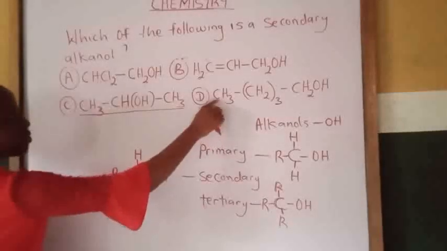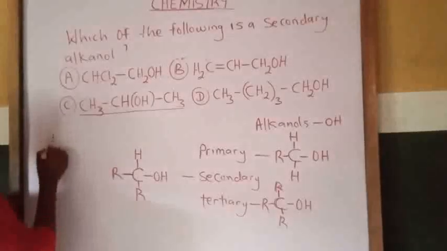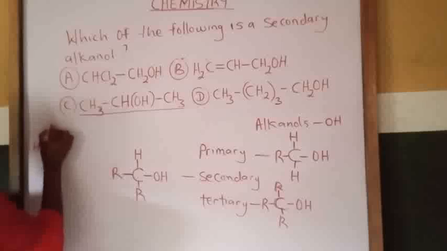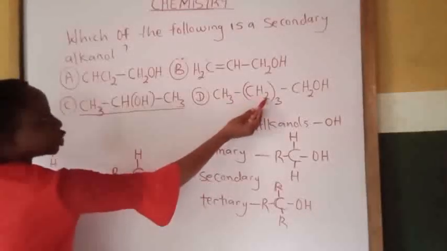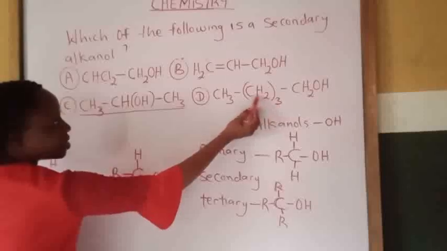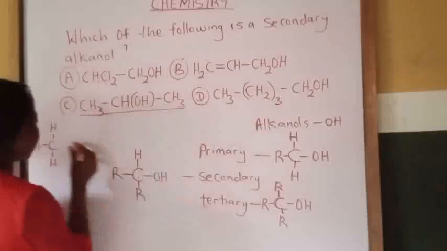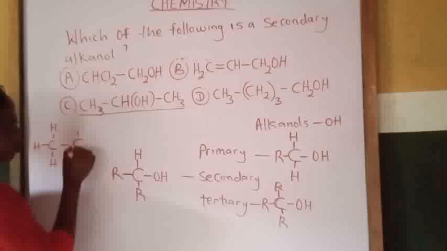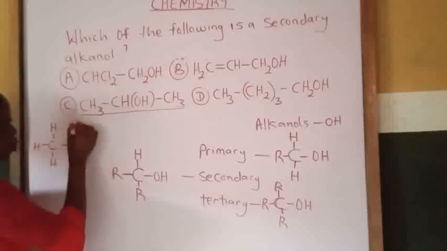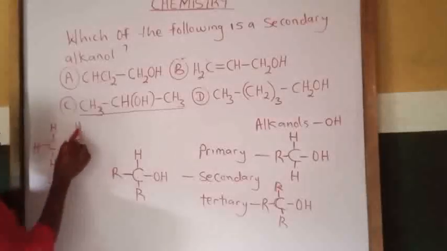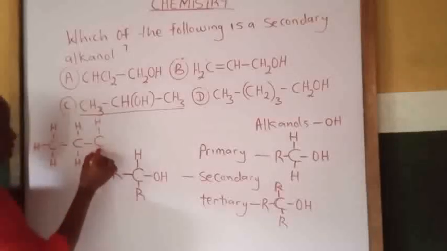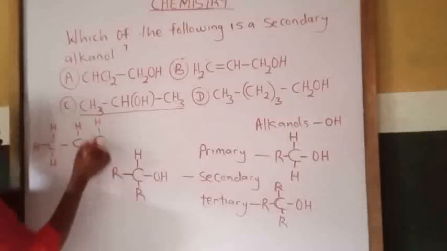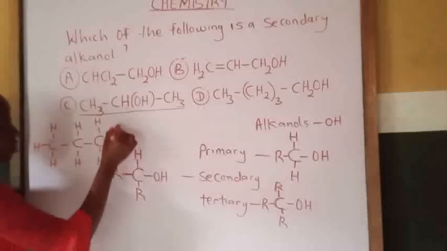Option D: we have a carbon atom with 3 hydrogen atoms, followed by CH2 in 3 places. Each CH2 is a carbon atom with 2 hydrogens: one CH2, another CH2, then the third one, CH2.